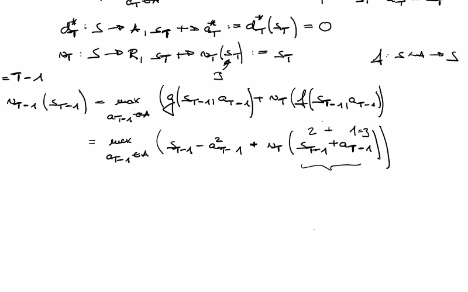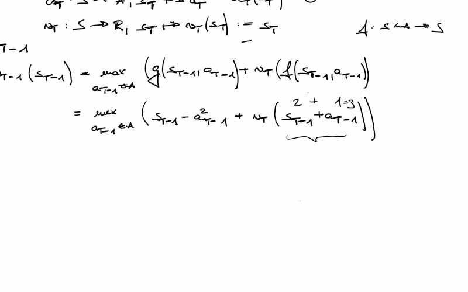So put this in here, and if you evaluate this, you get 3. Now, if we do that in more abstract terms, what we get is S_{T-1} minus a_{T-1} squared plus S_{T-1} plus a_{T-1}, because these two together are S_T.